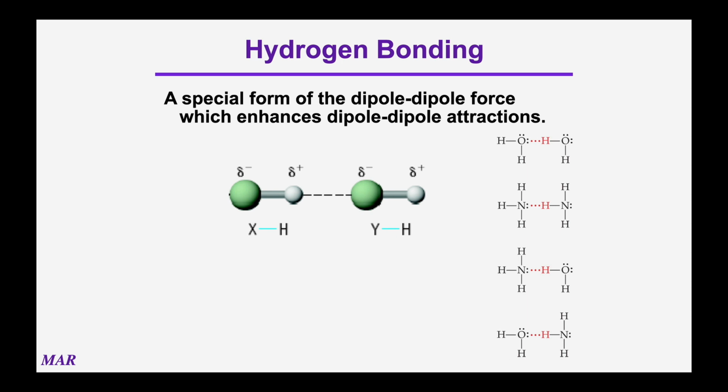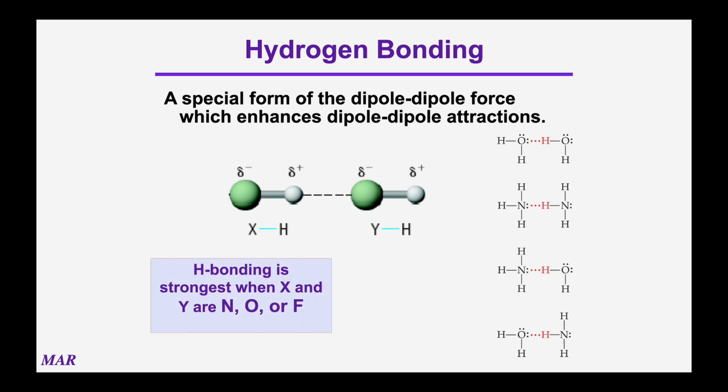Dipole-dipole is pretty strong, but you can get an even stronger version of dipole-dipole if you have a hydrogen connected to the right kind of atom. So there in the little picture, there's an X and an H, and a Y and an H. So if X and Y are the right kind of atoms, you get like a supercharged version of dipole-dipole, which is even stronger.